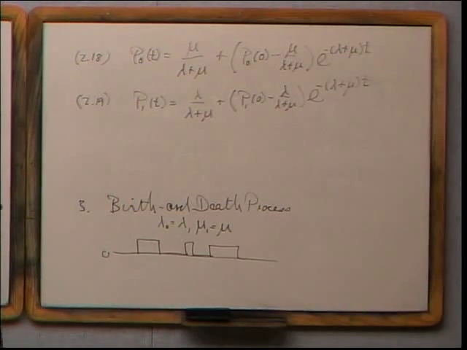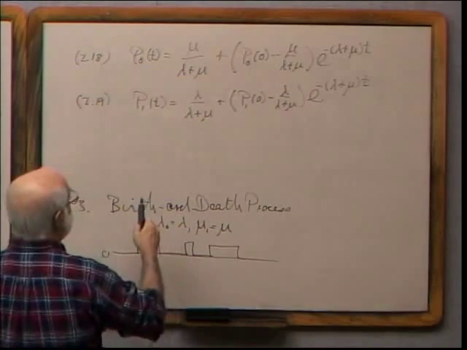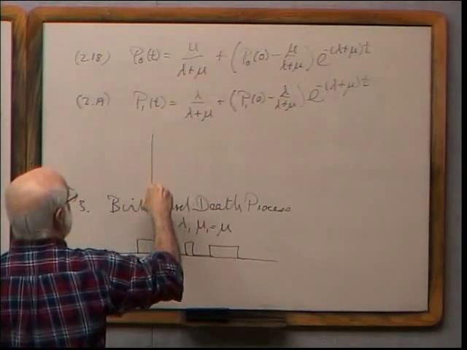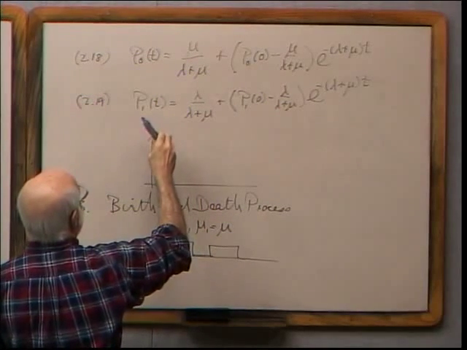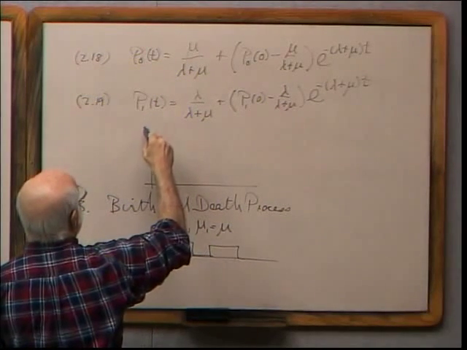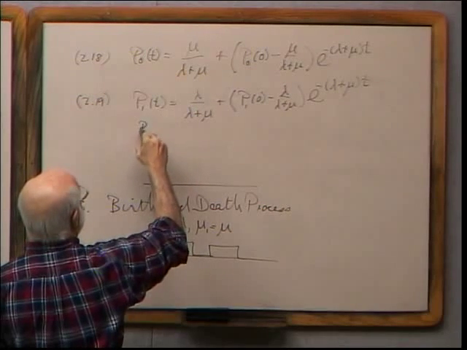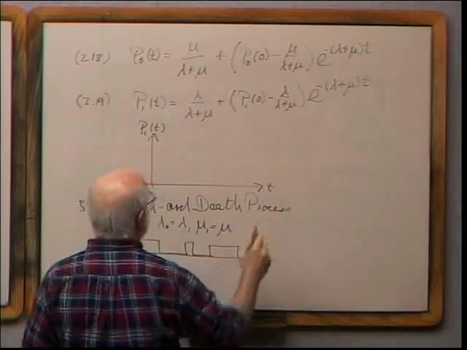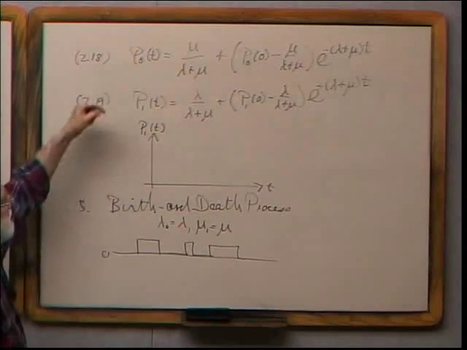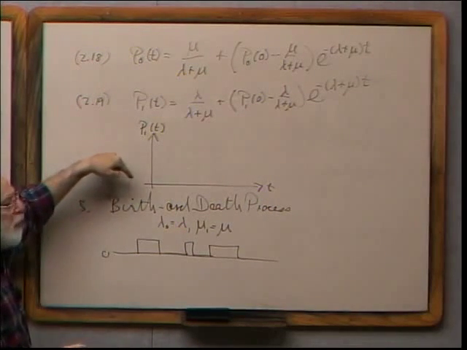Now I could draw the graph of that. For example, here's, let's say, P1 of t. Here's t. And let's suppose that at time 0, I'm in state 0, for the sake of argument.